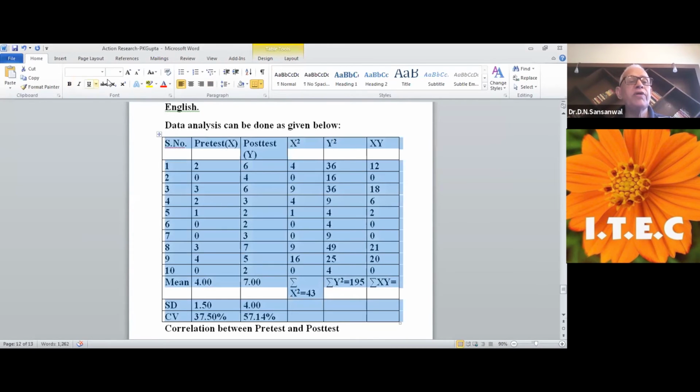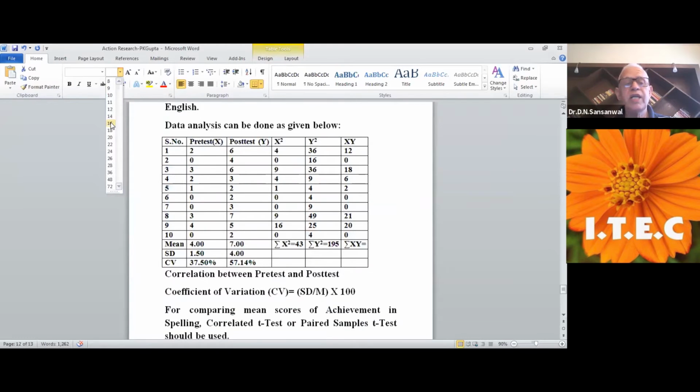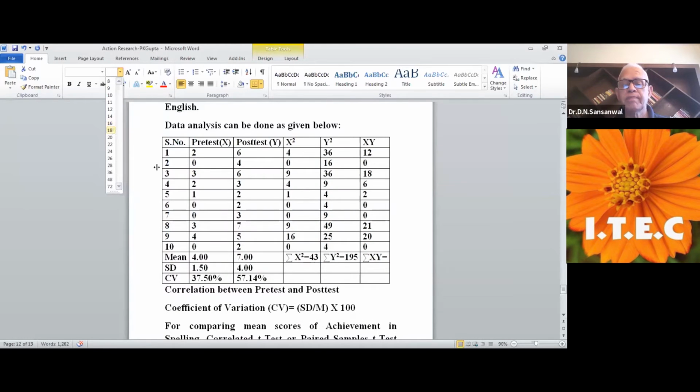I'm just reducing the font size so that it fits and you are able to see it. xy is 79. Okay, this is 79.